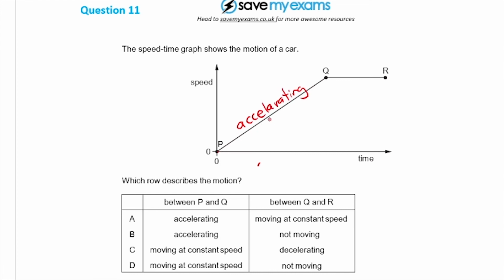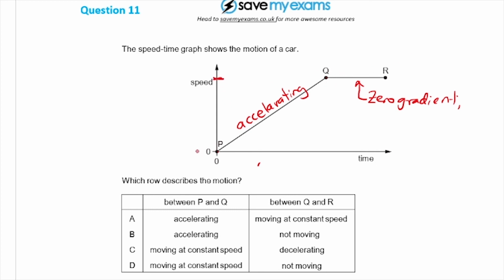Since the gradient of this line is constant, in other words, the rate of change of speed is constant. So here it is accelerating, then when it reaches point Q and then it moves flat, the velocity, the gradient here is 0. So meaning that here it is simply moving at a constant speed.